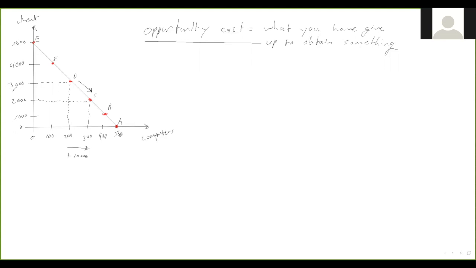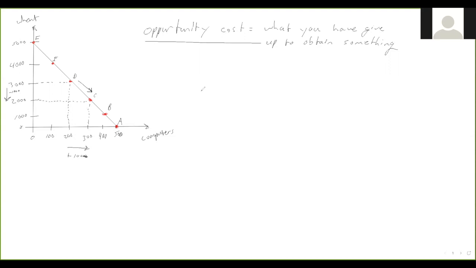But on the wheat axis, we went from 3,000 to 2,000, so minus 1,000 wheat. And so the opportunity cost of 100 computers is the 1,000 wheat we had to give up.